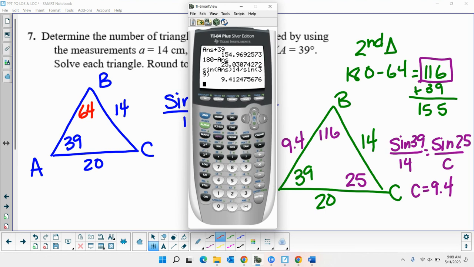So I'm going to go 64 plus 39, and that's 103. 180 minus 103, 77, right?